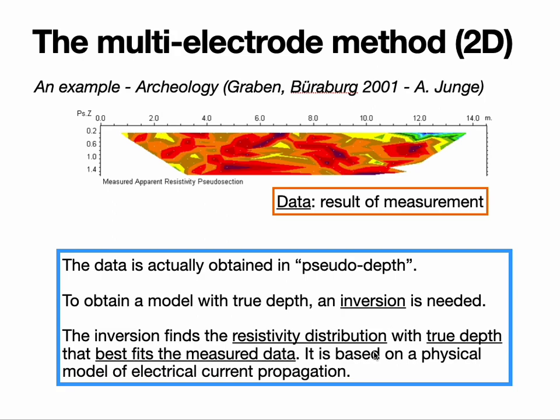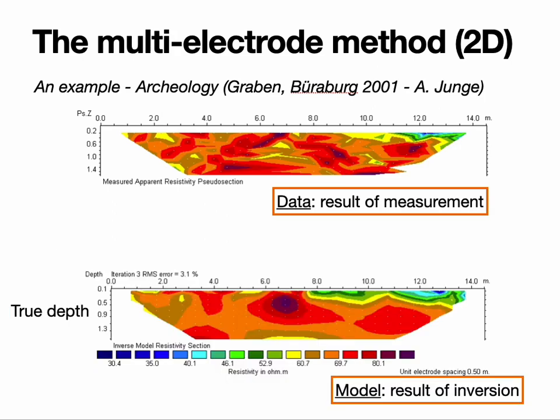It's based on a physical model of electrical current propagation. But this is basically a modeling activity. It's going to find iteratively what is the best distribution of resistivity that explains what has been measured on the field. That's a computation.